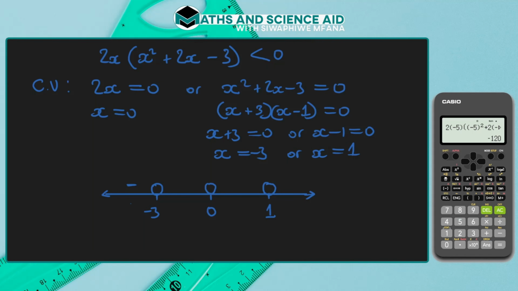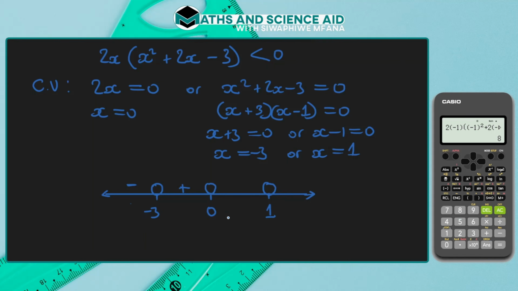We need to take a value that is between −3 and 0 and sub it into the equation. For this one, maybe we can take −1. So we'll have 2 into −1, and then we'll have (−1) squared plus 2 into −1 minus 3. And from that we get a positive value. So here we write a positive.